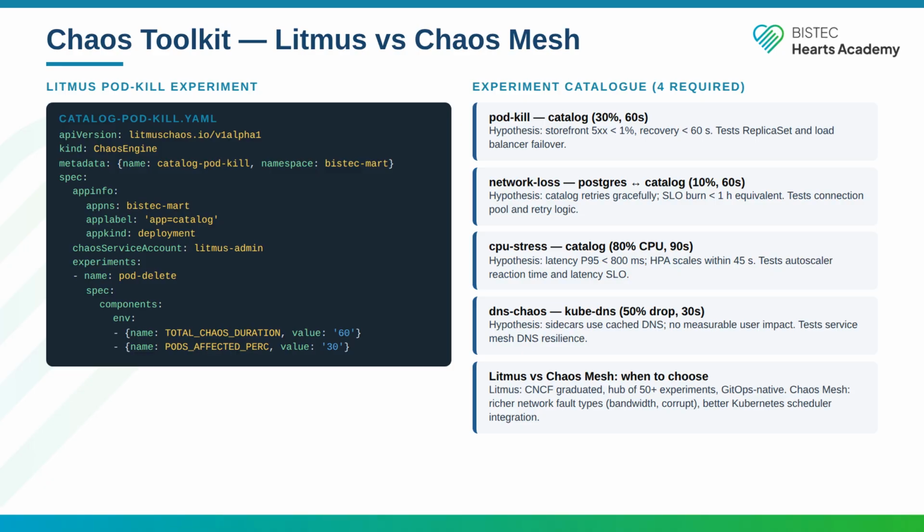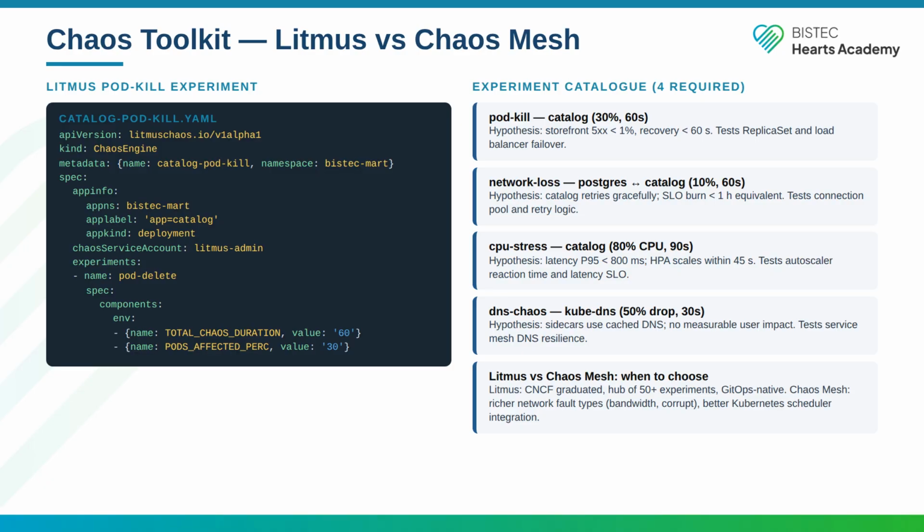The network loss experiment injects packet loss on the Postgres to catalog path using tc netem under the hood. You're injecting 10% packet loss for 60 seconds. The hypothesis is that catalog's retry logic absorbs the loss without burning significant SLO budget.